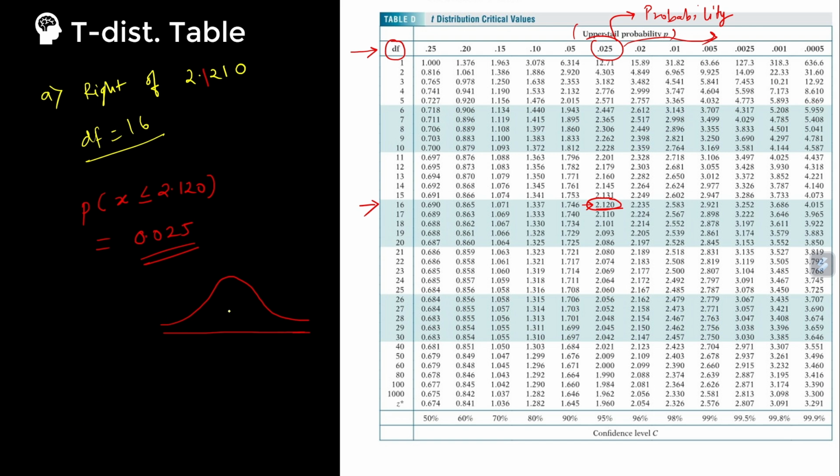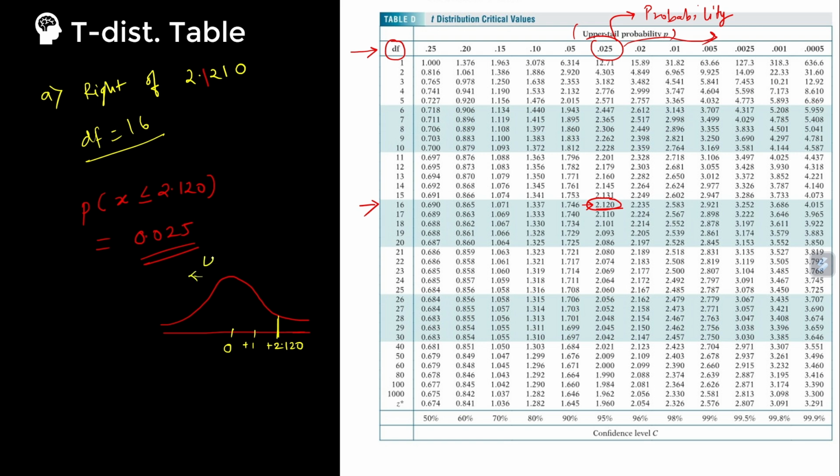So when the question is asking us right of 2.1210, this is 2.1210 for 16 degrees of freedom. In the middle is our 0, this is our positive 1, this is our positive 2, and somewhere here lies our 2.120. So let's consider this point as our 2.120.